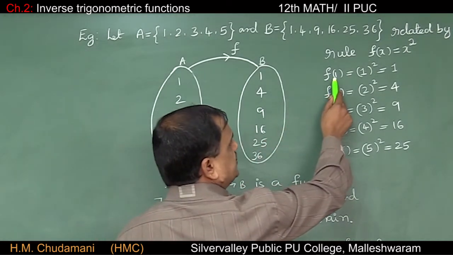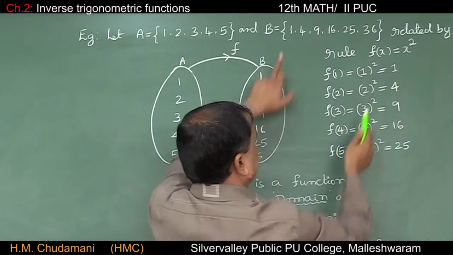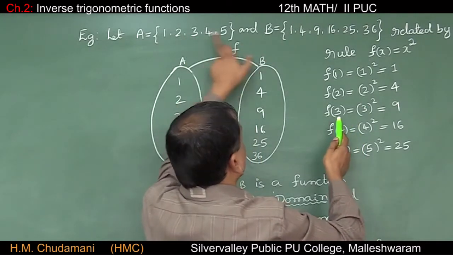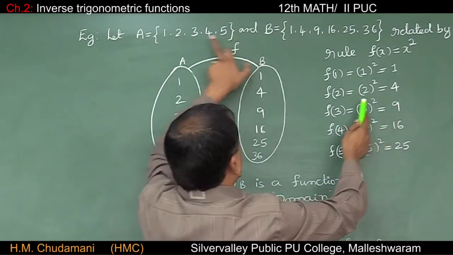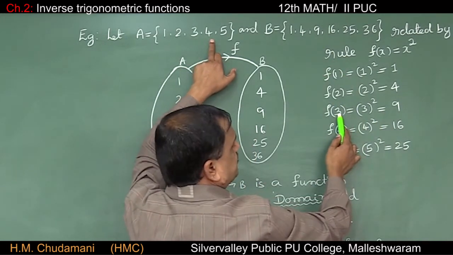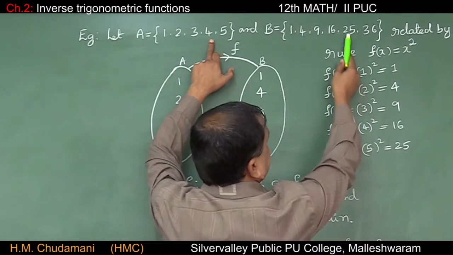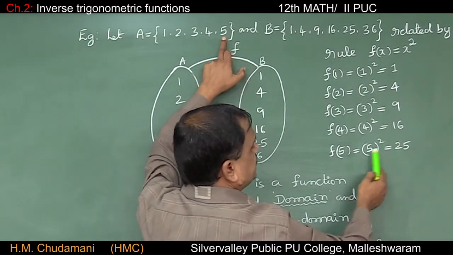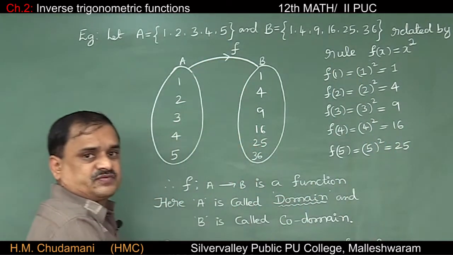See, f of 1 is equal to 1 square, which is 1. f of 2 equals 2 square, which is 4. f of 3 is 3 square, 9. f of 4 is 4 square, which is 16. f of 5 is 5 square, which is 25.